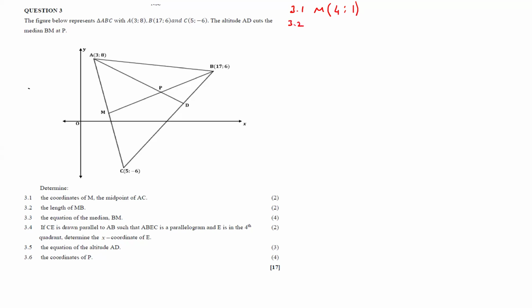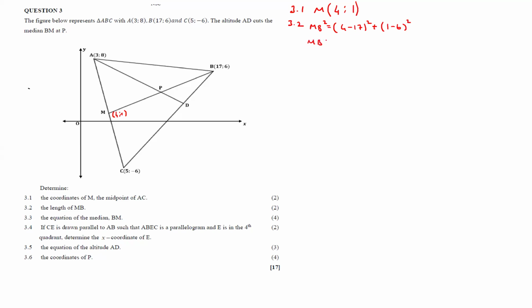3.2, the length of MB. Since we already got coordinates of M as (4, 1), and B is here, if we apply the distance formula, MB squared will be equal to (4 minus 17) squared plus (1 minus 6) squared.